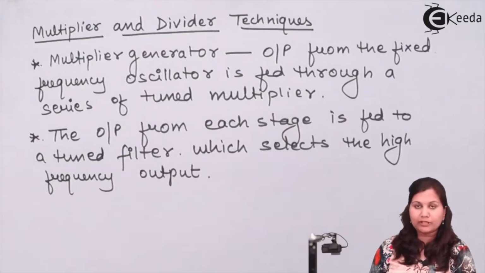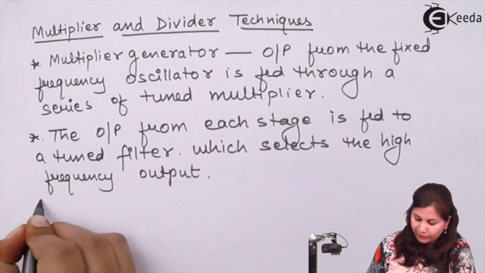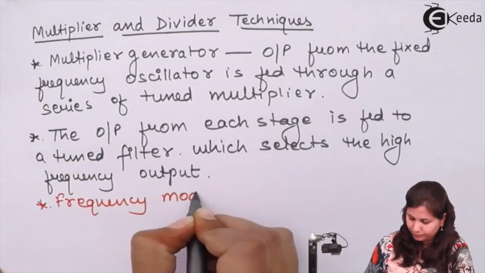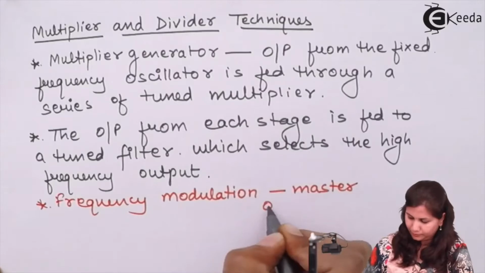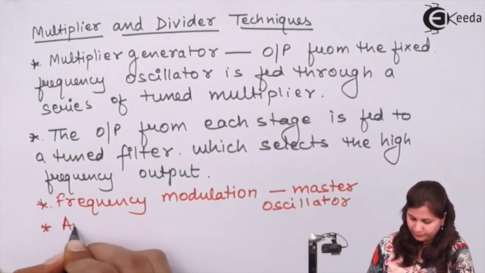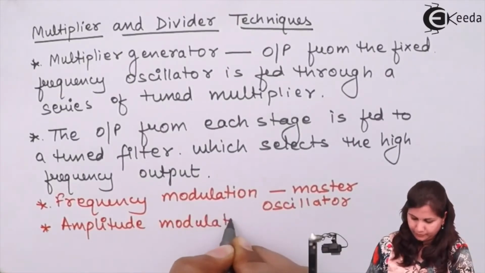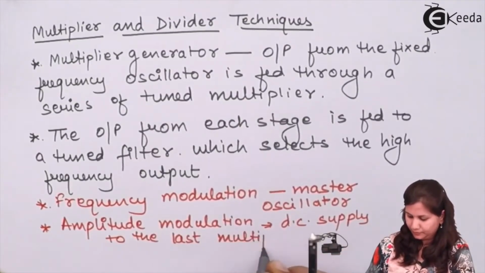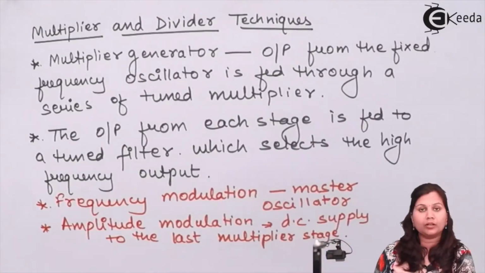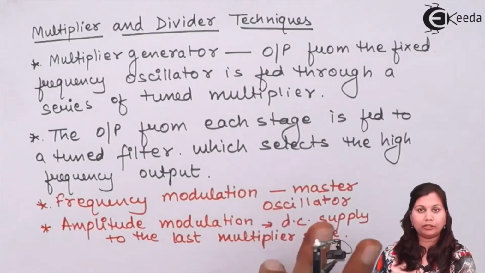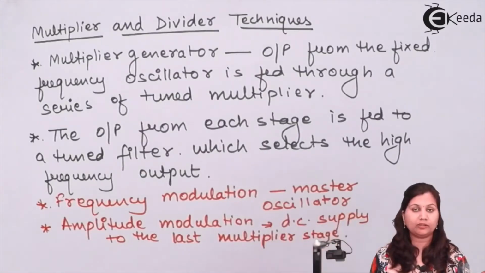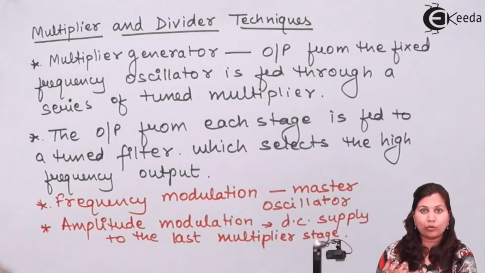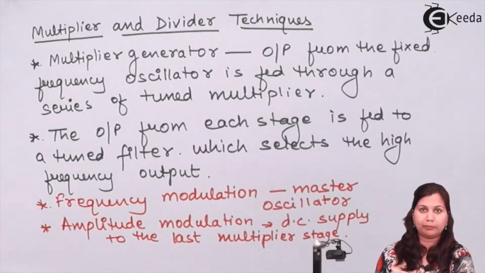Here also, frequency modulation and amplitude modulation are to be achieved. Frequency modulation is applied to the master oscillator, again by varying the voltage across the tuned capacitor, and for amplitude modulation we vary the DC supply voltage to the last multiplier stage.